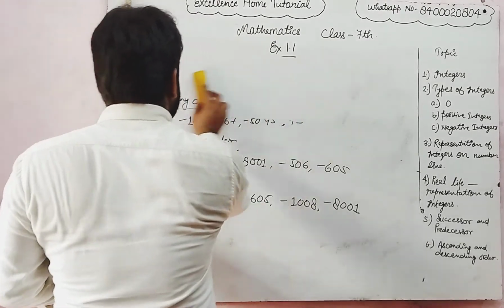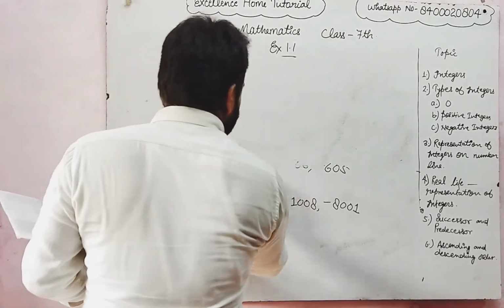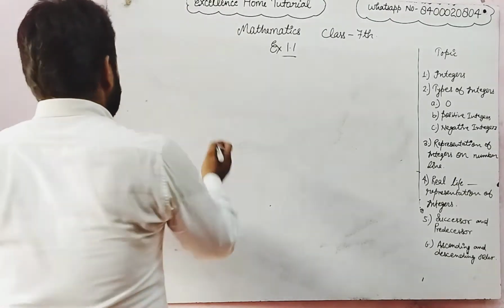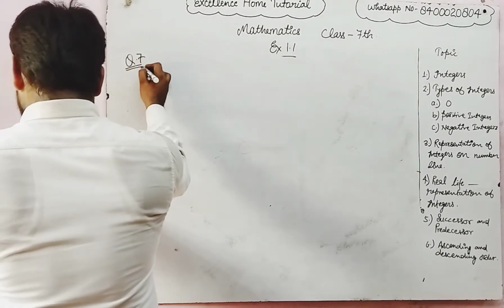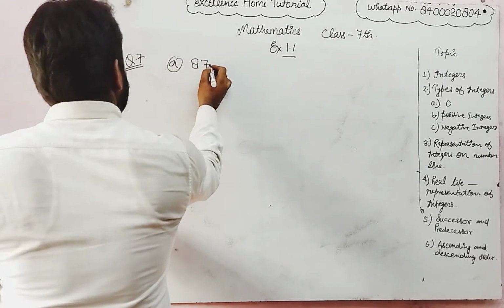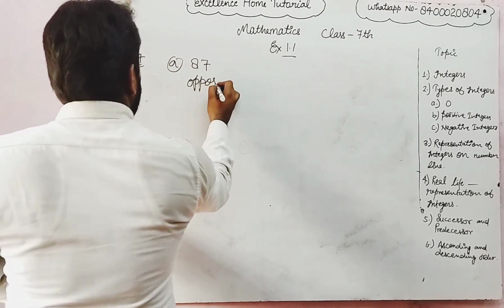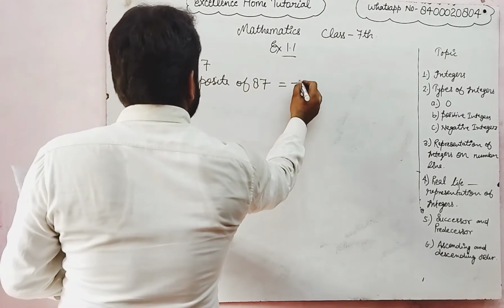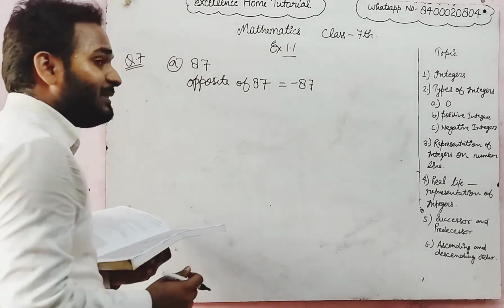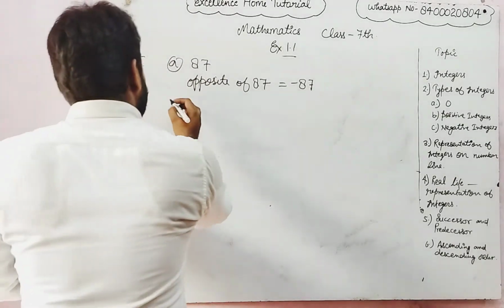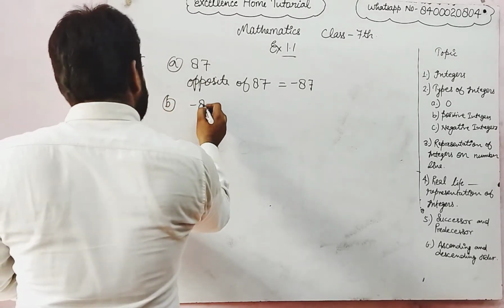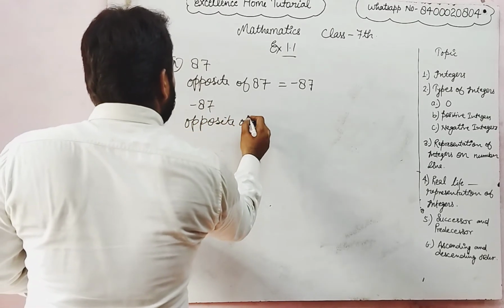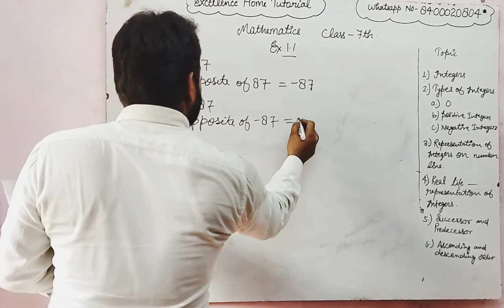We have to write the opposite. That is, in this question, question number 7, we have to write the opposite of the following. That is 87. Opposite of 87 is equal to minus 87. So we have to change their signs. Opposite of minus 87 is 87.